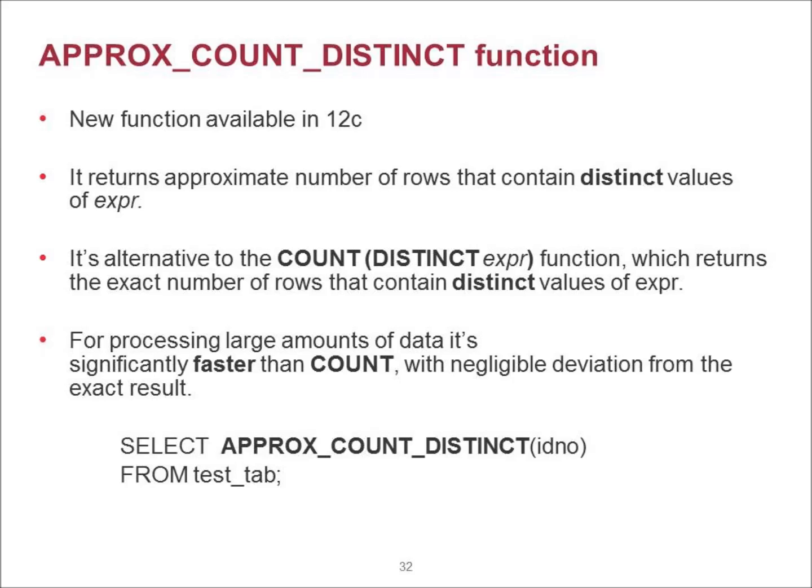So it actually selects the approximate number of unique records, but it goes faster when you have a huge table. Again, it doesn't give you the exact number, but it will give you very close to what you get when you use the count distinct function. I think it might be utilized a lot with data warehouse kinds of applications, so it might be very useful there.